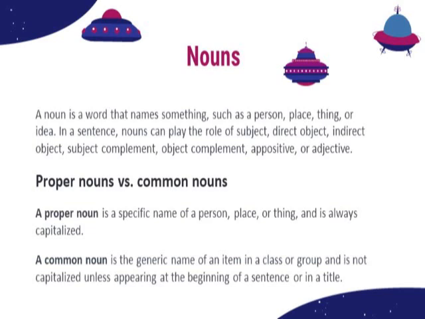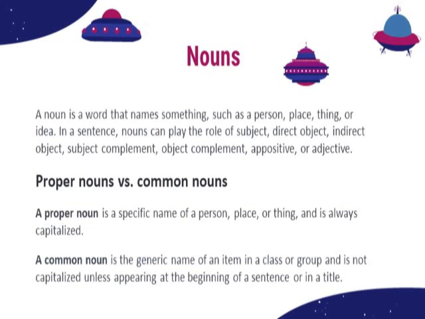For example, Bandung. So the letter B, you should write in a capital letter. Yeah. And also Jakarta, and also for example the name of a car like Toyota. Yeah, you have to write the T in a capital letter. So it is called a proper noun.